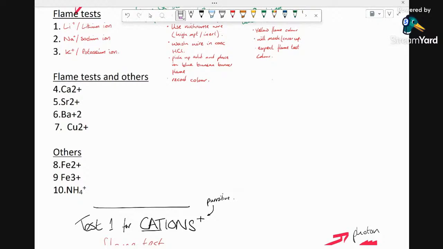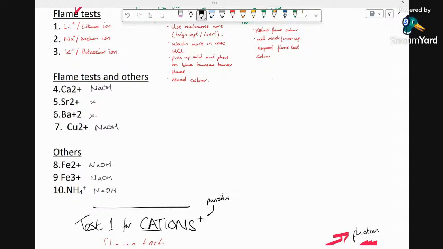Calcium can be tested for with sodium hydroxide. Copper can be tested for with sodium hydroxide. Barium can't be, and strontium can't be either. That's interesting. Probably should have thought about that and put it in a nice order. This one can be tested for with iron 2+ sodium hydroxide, iron 3+ sodium hydroxide, and funnily enough, ammonium, even though that requires a separate conversation.